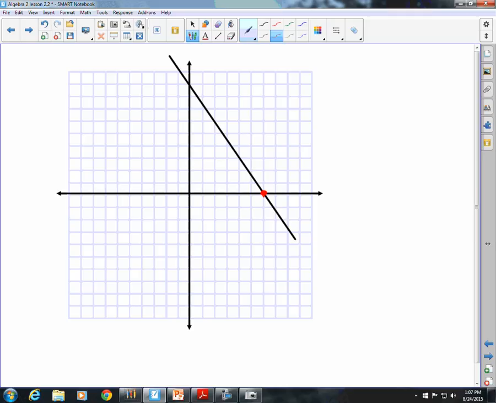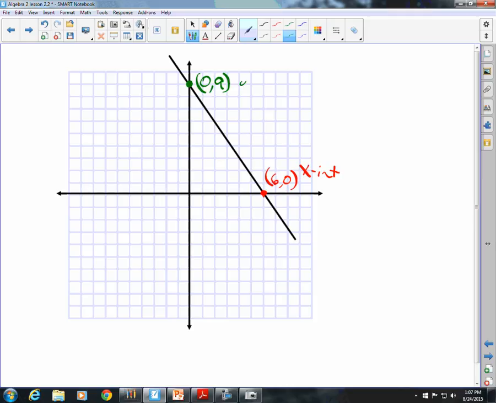That's a 6, 0. That's your x-intercept. Now let's take a look at your y-intercept. It's this point right there. So what's the coordinates? 0, 9. Good. 0, 9.